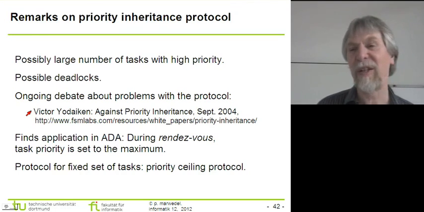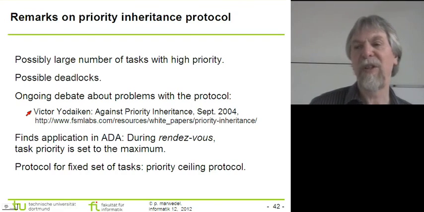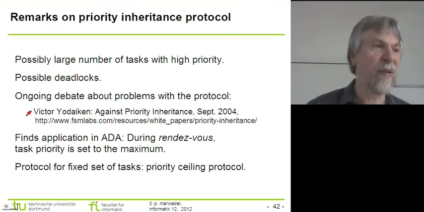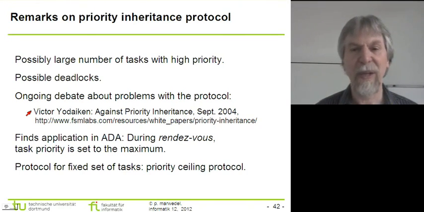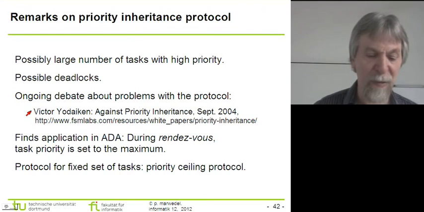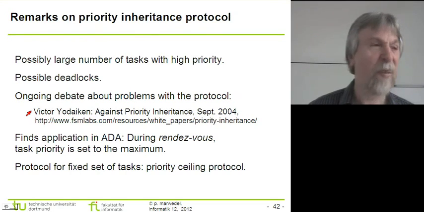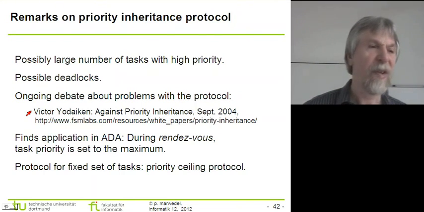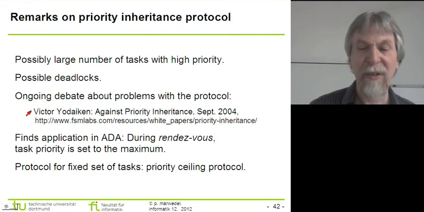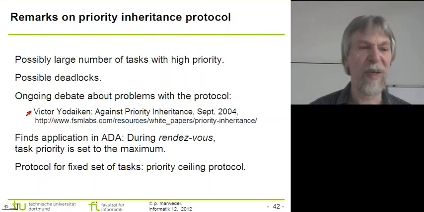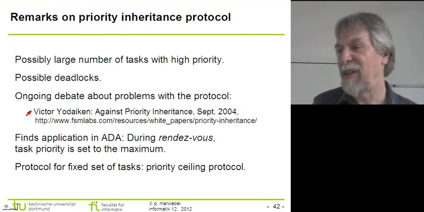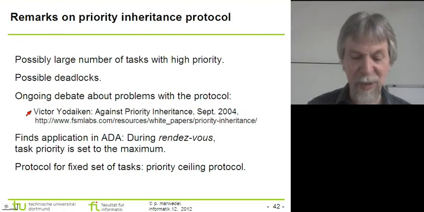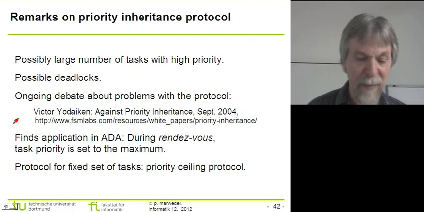His main argument is that implementing priority inheritance is more complicated than it seems because considering this transitiveness for the dependencies between the different tasks is a problem, and he argues that if you actually need to use the priority inheritance protocol, then the design of your system is already flawed right from the beginning, and you should try to design your system in such a way that you don't need priority inheritance.